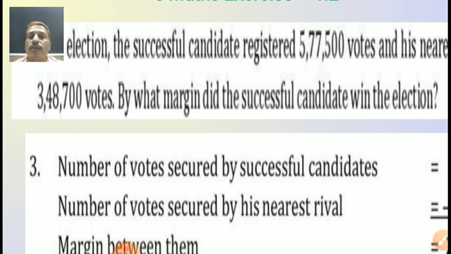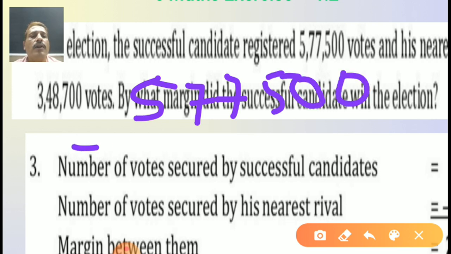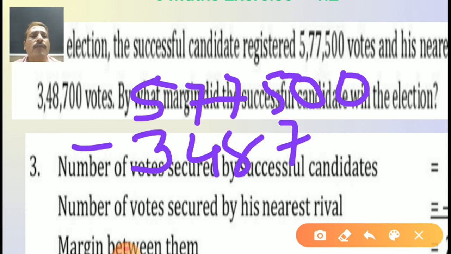In subtraction, what do you have to write first? Yes, the bigger number we have to write first. So what is our bigger number, student? 5,77,500. Very good, student. What number do we have to subtract? 3,48,700. Ones, tens, hundreds, thousands.